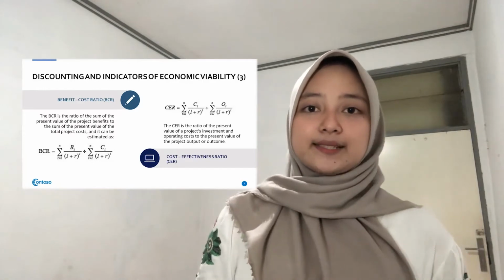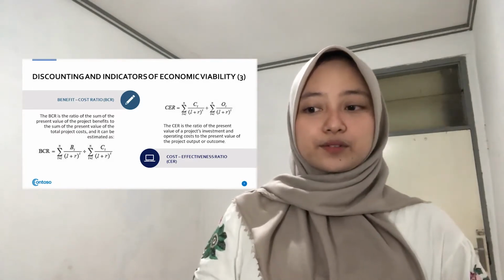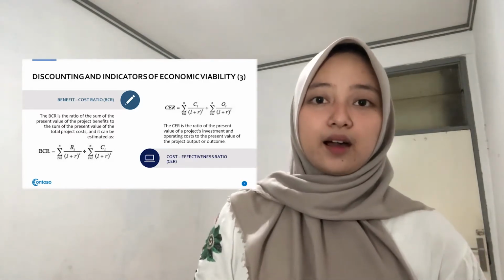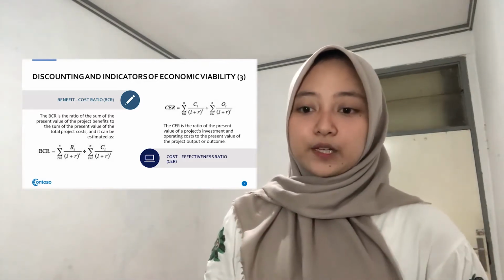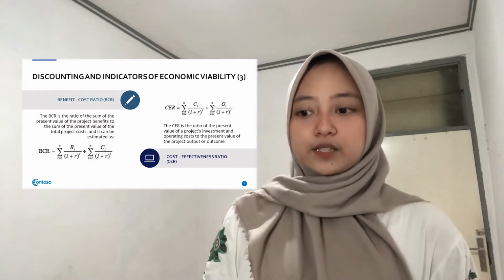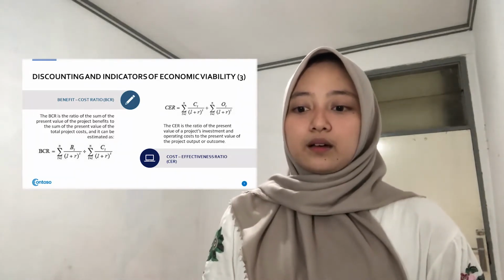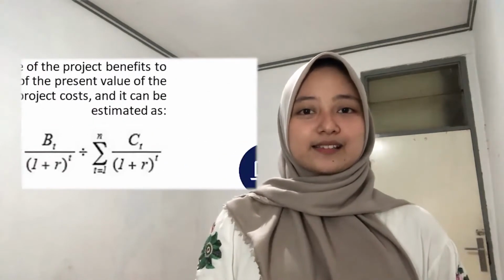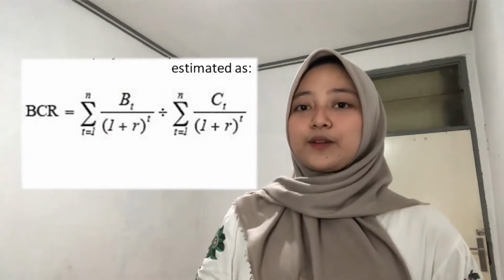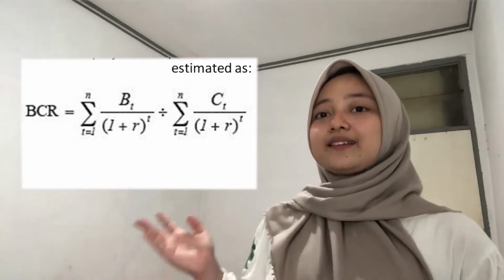And the third is the benefit cost ratio. The BCR is the ratio of the sum of the present value of the project benefit to the sum of the total project cost, and it can be estimated with the formula that you can see on the screen.